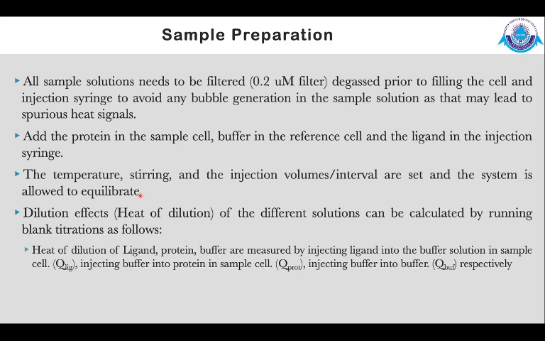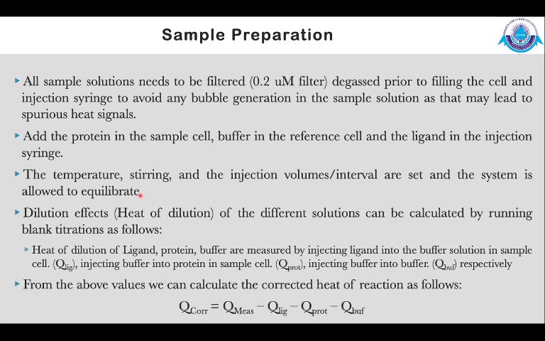Ligand dilution would be just injecting ligand into buffer, protein dilution is injecting buffer into protein, and buffer dilution is buffer into buffer. All these can be measured, and we can calculate the corrected heat exchange using the equation. We run the experiment, and from the measured values you subtract the heat values of Q ligand, protein, and buffer, so that I get the corrected Q values, that is the heat exchange. Okay.